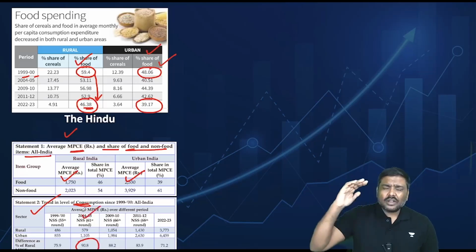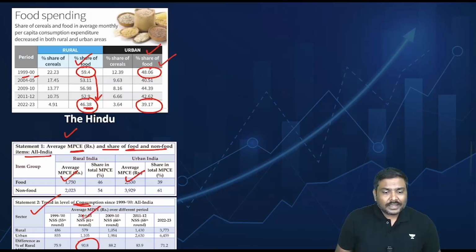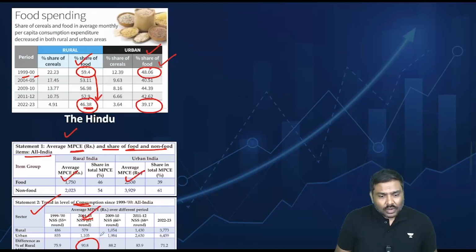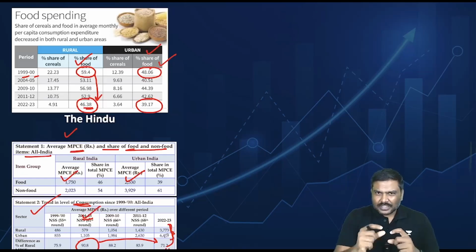It hit a peak of around 91% back in the survey for 2004 and 2005. Now, it has actually come down to 71%. You can just look at the data and you will realize it. That is the difference between the expenditure in rural India and urban India. It has come down to 71% as of now.